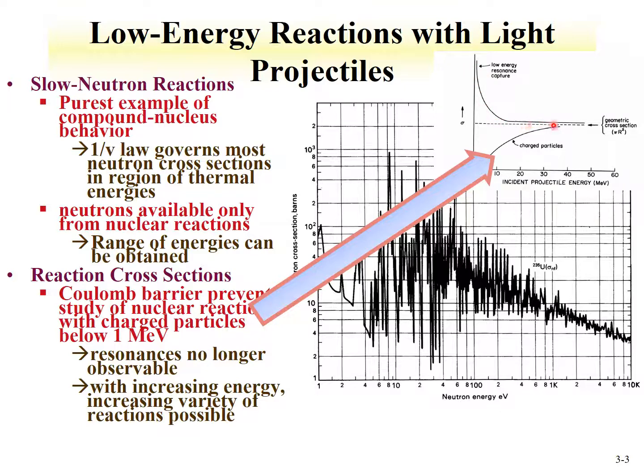As we increase neutron energy, we go from high to low. Now, charged particles go low, basically sub Coulomb barrier, and there are no reactions. The cross-section increases with energy until, at very high energies, we start to get cross-sections that are on the order of barns, fundamentally based upon the geometric cross-section.